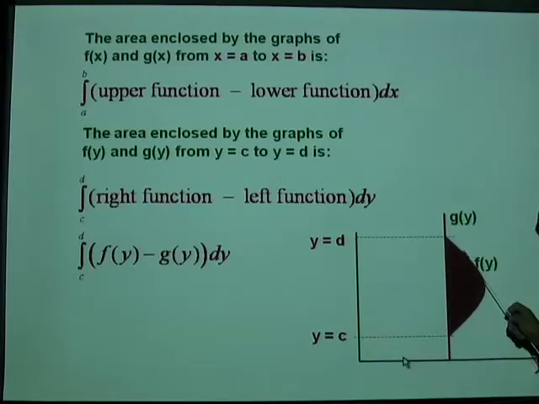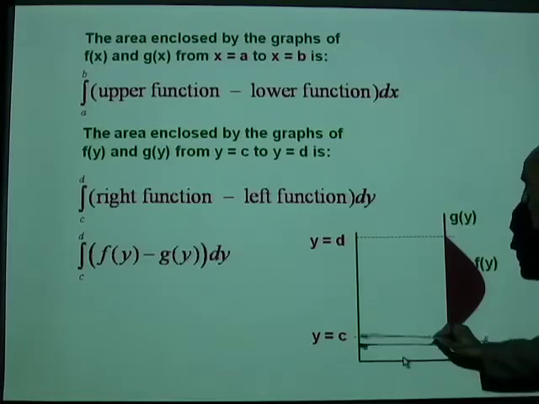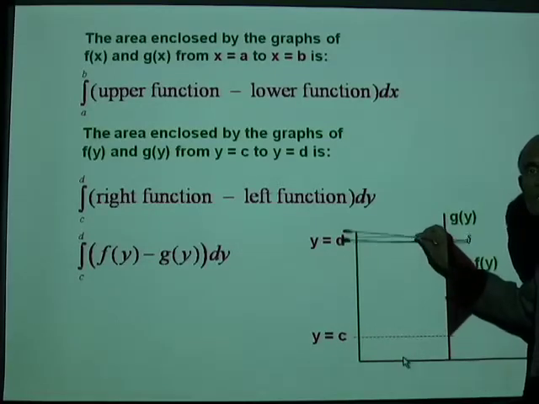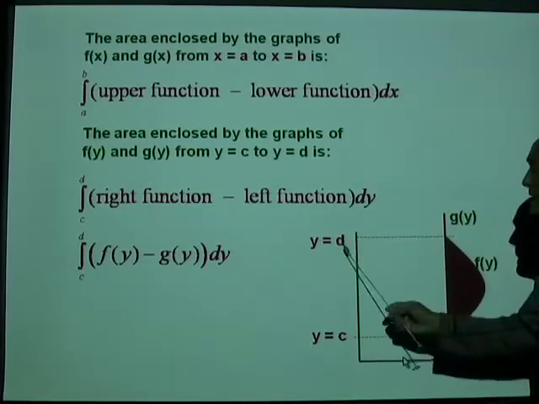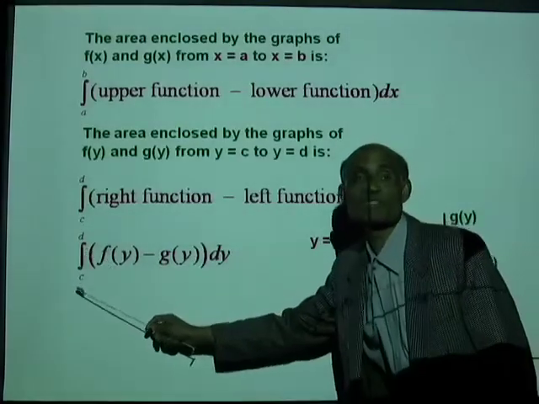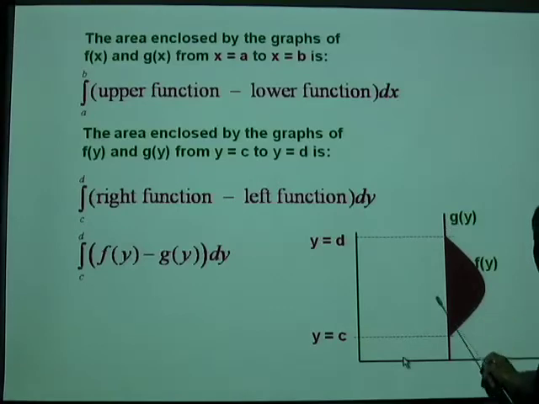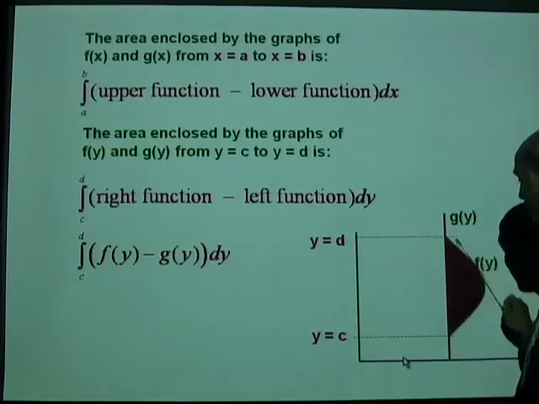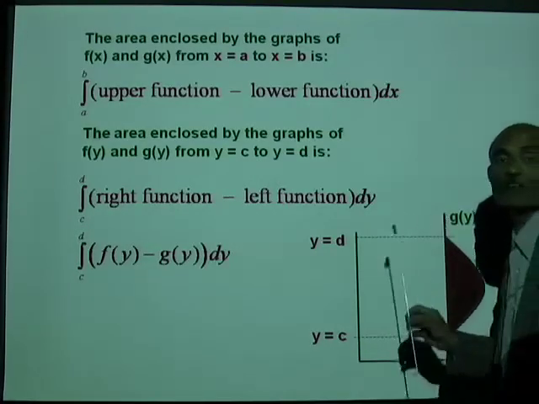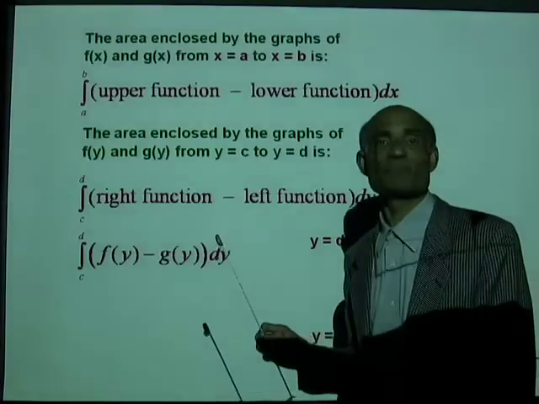The enclosed area is this, the area enclosed by f of y with g of y from y equal to c to y equal to d is integral c to d f of y minus g of y, the right function minus the left function.